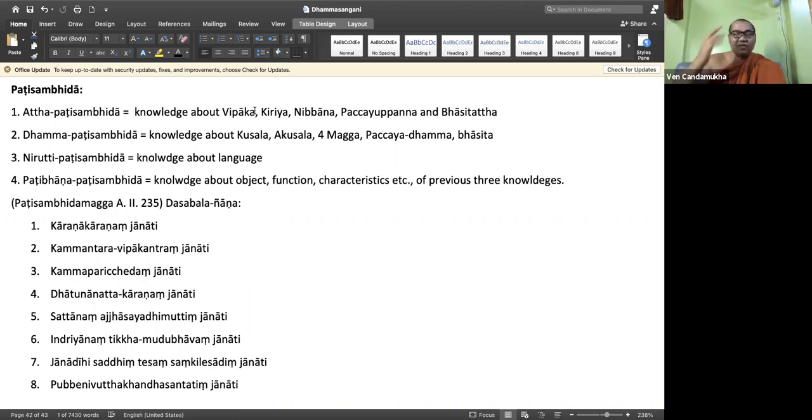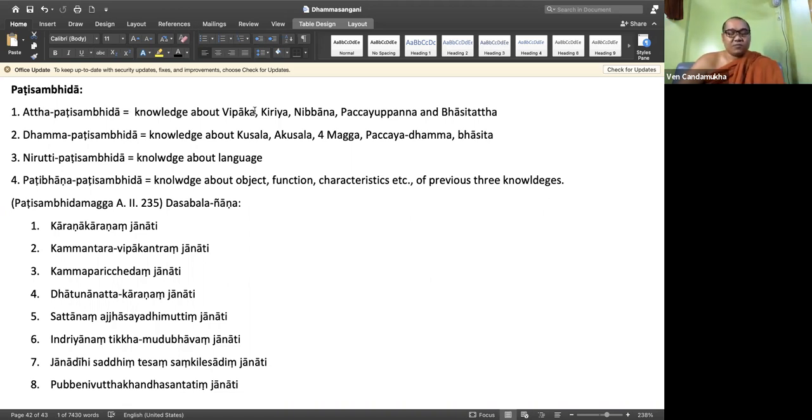Pali usage is very simple, concise and precise, exactly. But the commentary explanation may not be so concise like the Pali writing.